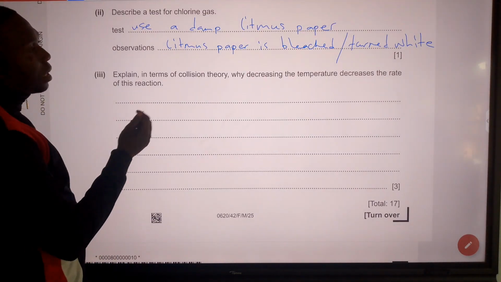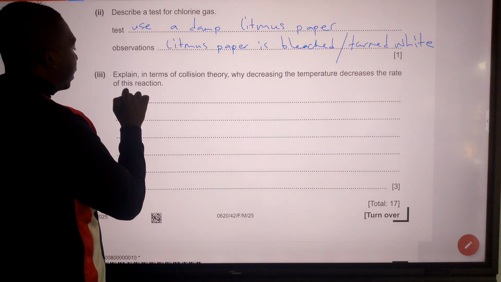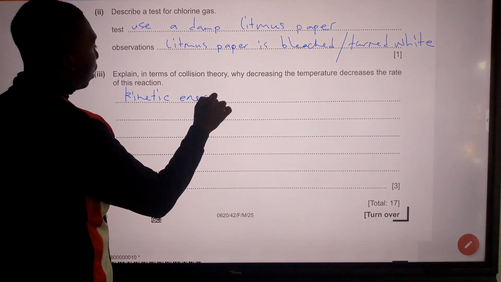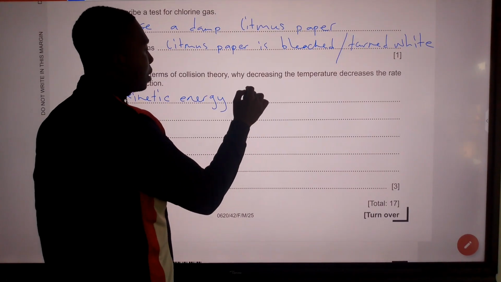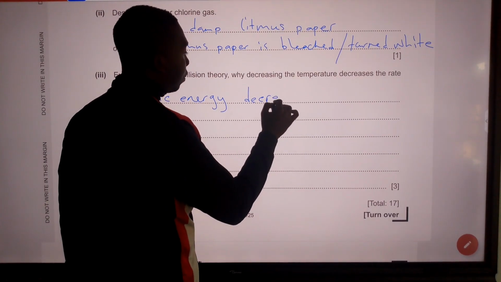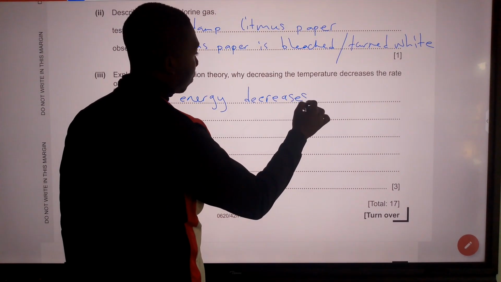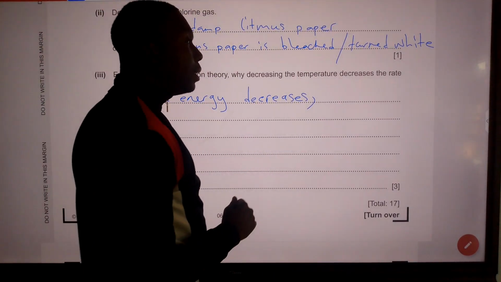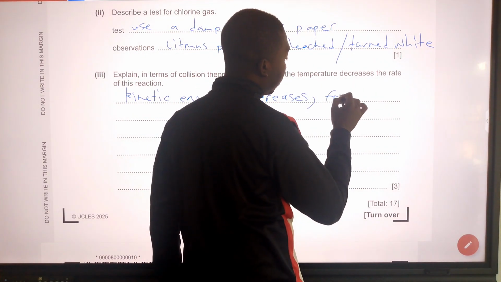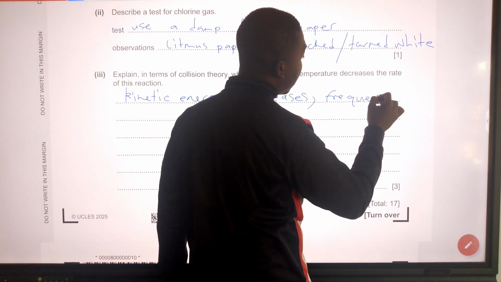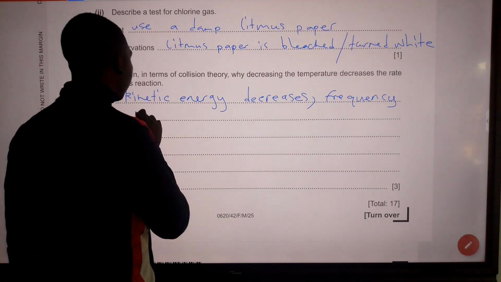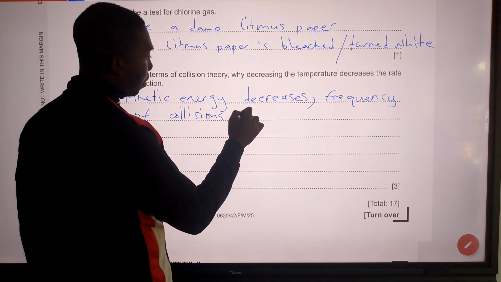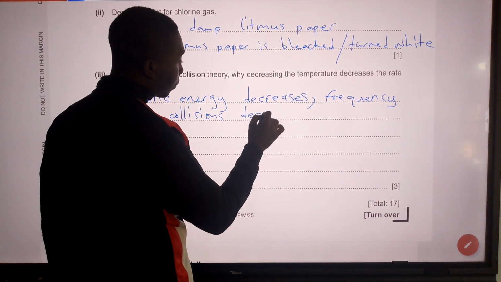If you decrease temperature, the kinetic energy of the particles decreases, meaning they will be moving at lower speeds, and the frequency of collisions also decreases.